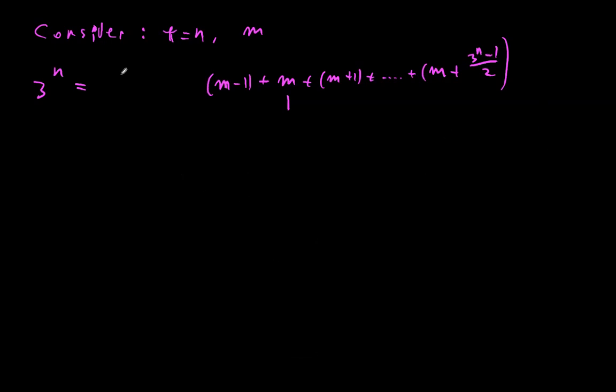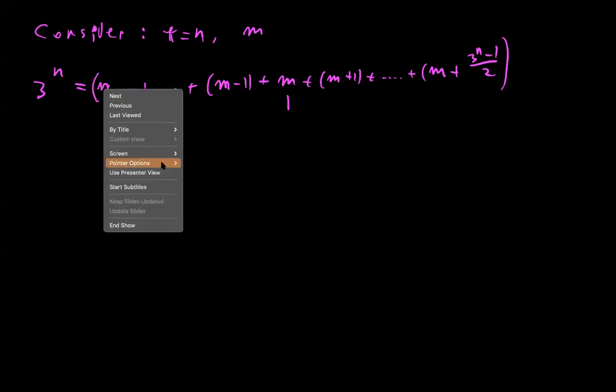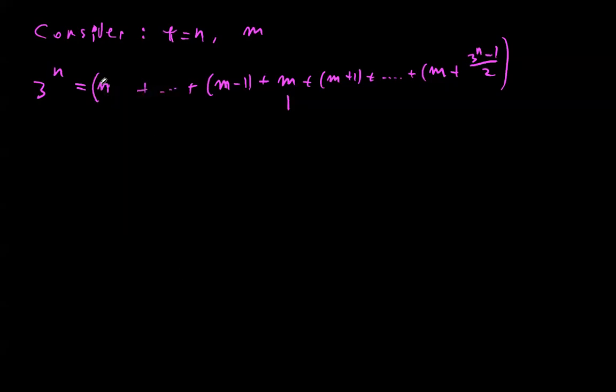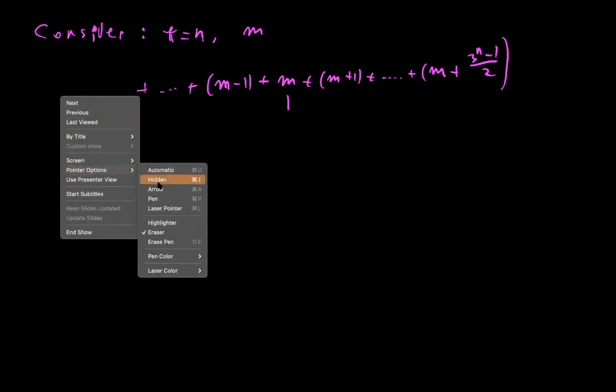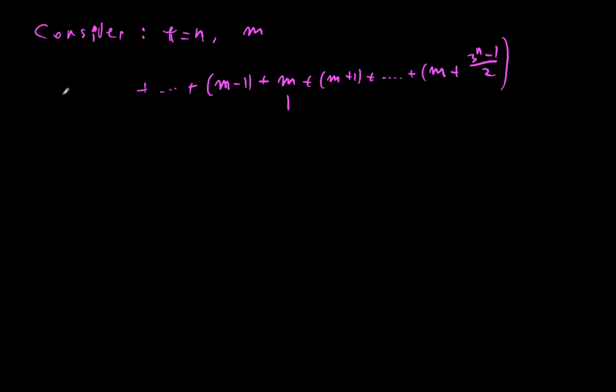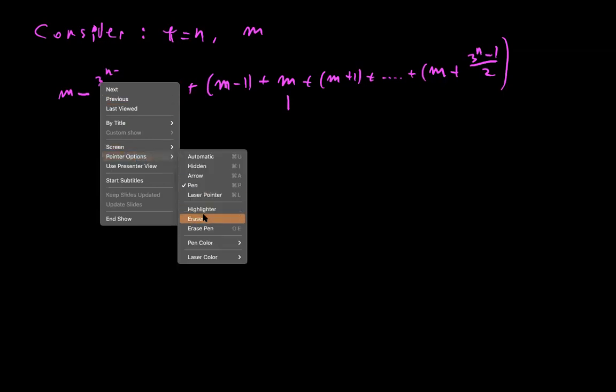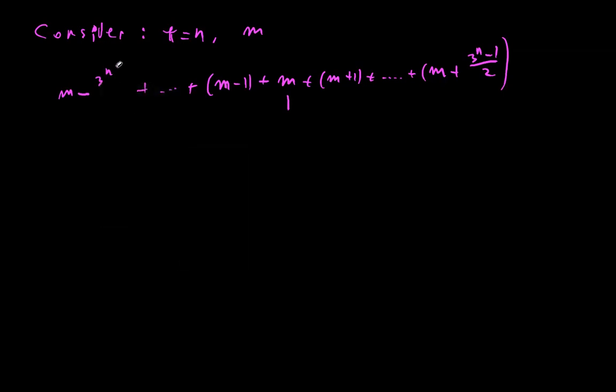So this goes all the way down to m minus, the whole number 3 to the n minus 1, all over 2. And this whole thing needs to be equal to 3 to the n.